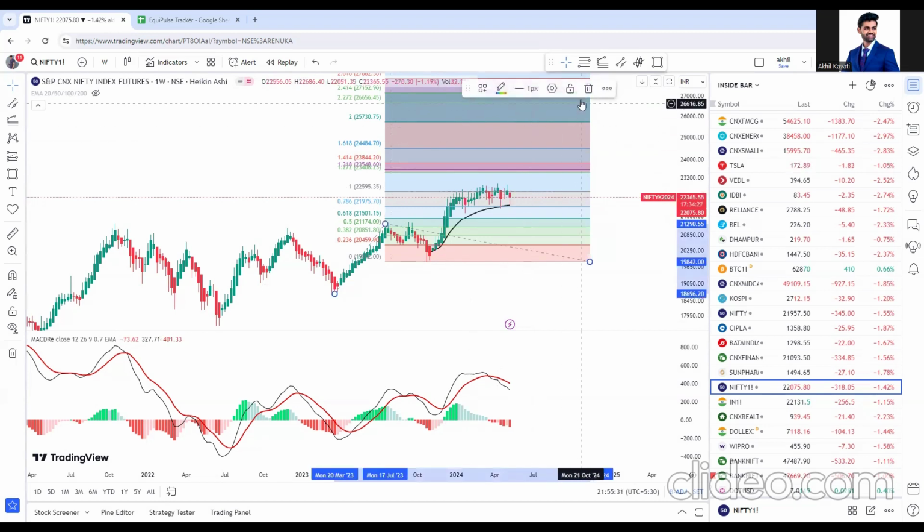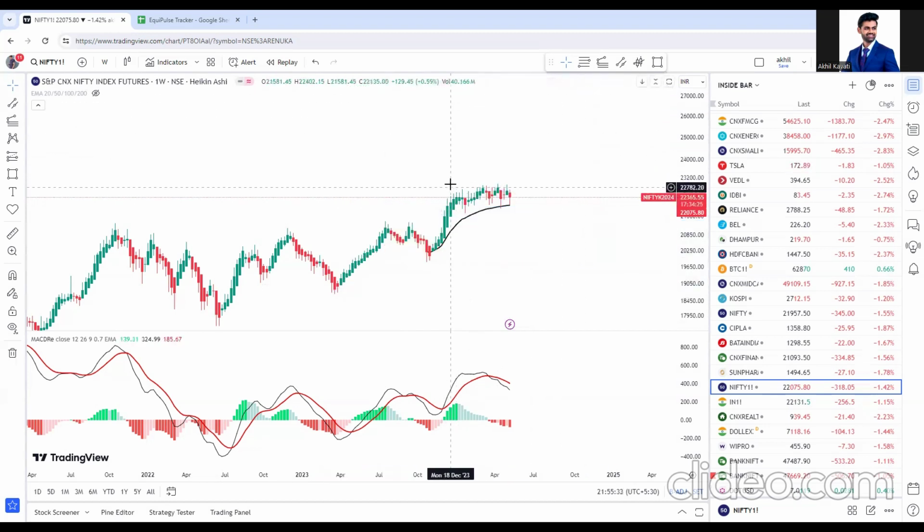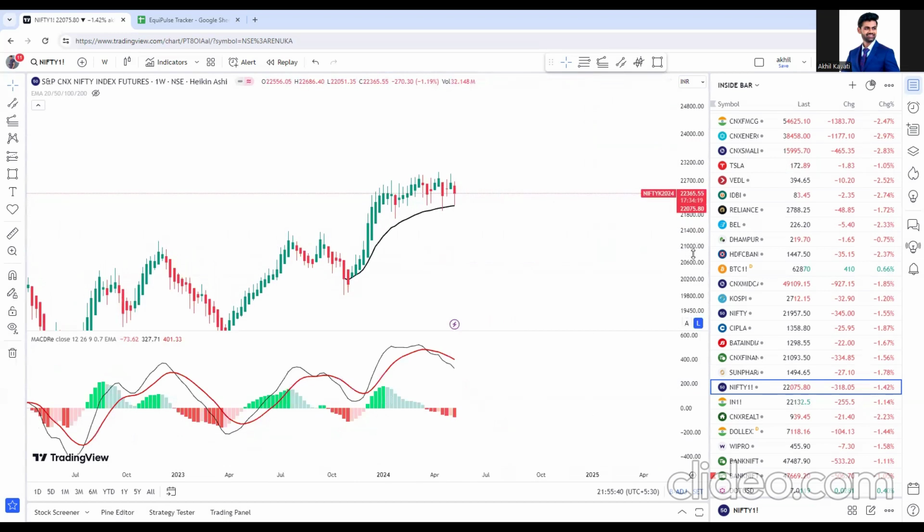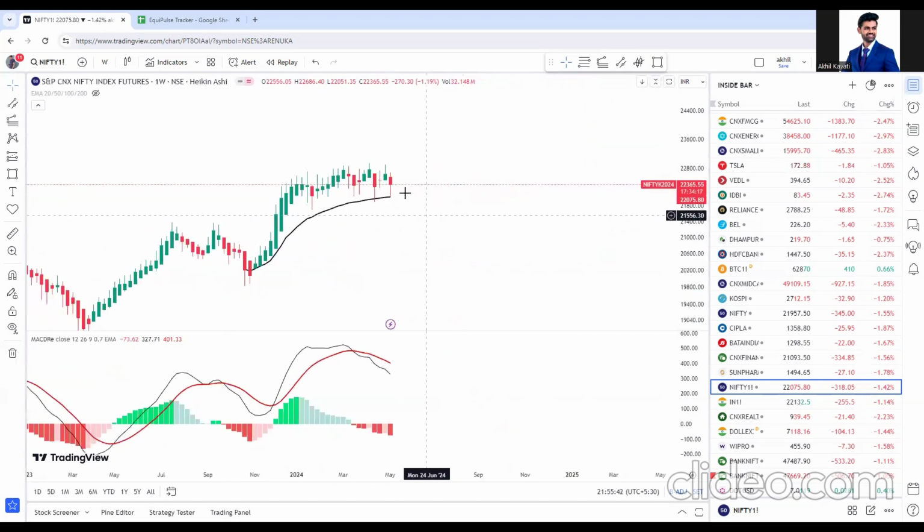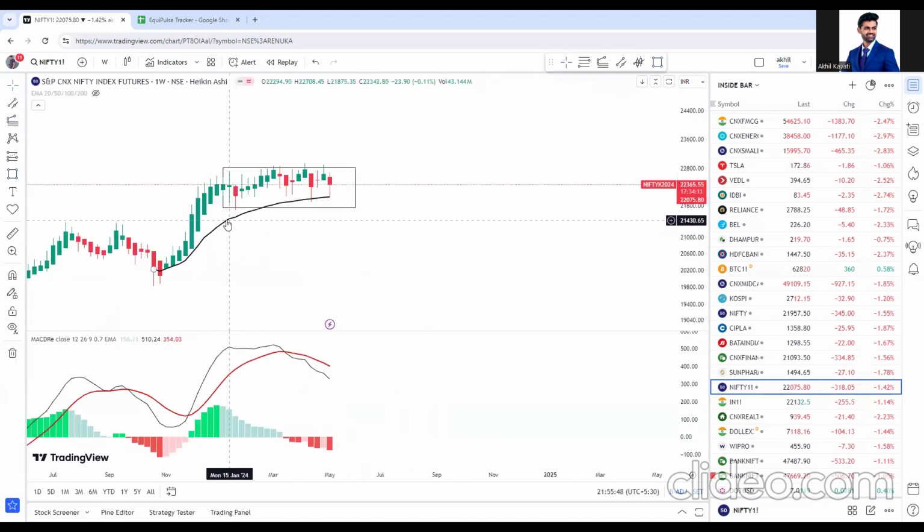And we'll be a little conservative and think that stage three has ended here, and currently we are in stage four. And just look at this pattern, right? It is beautifully consolidating in this particular rectangle. The prices have not gone anywhere. It kind of started in January 2024, and till now we are in this particular consolidation zone.